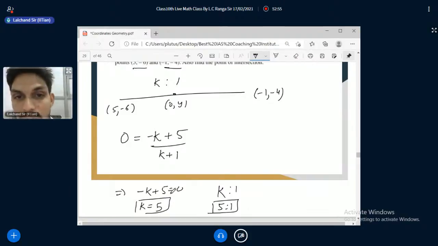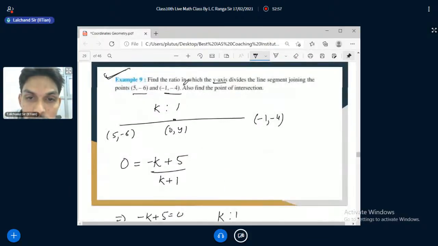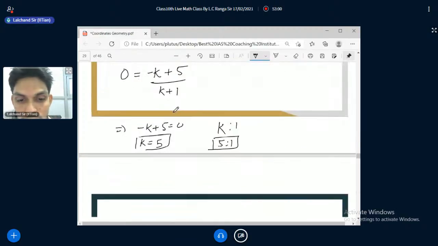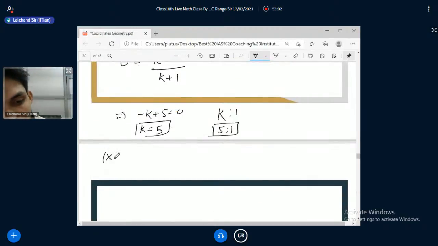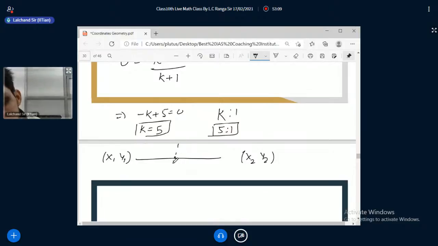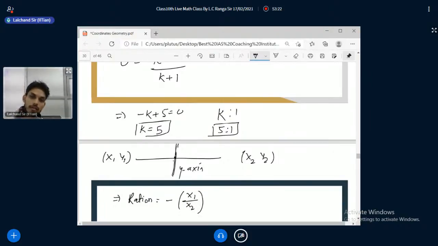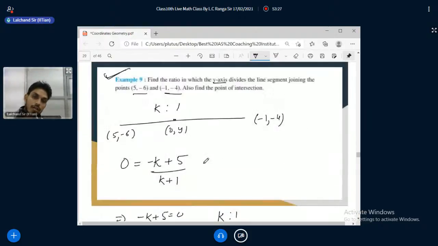So if we need to find directly the ratio between the points if y-axis is dividing these 2 points, let's suppose we have point x1 comma y1 and x2 comma y2, and there is a y-axis. So we can directly write ratio value will be minus of x1 divided by x2. If we apply this formula, can you check that we are getting same value or not?